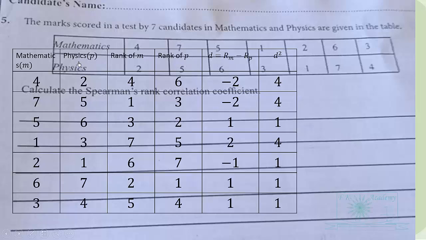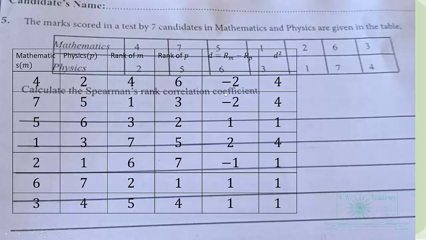So we rank the P also, the rank of P, starting from the highest as 1. So the highest mark here is 7, so that is 1. Then the next one is 6, that is 2. Second, so third is 5th, till we reach the last one, which is 7.